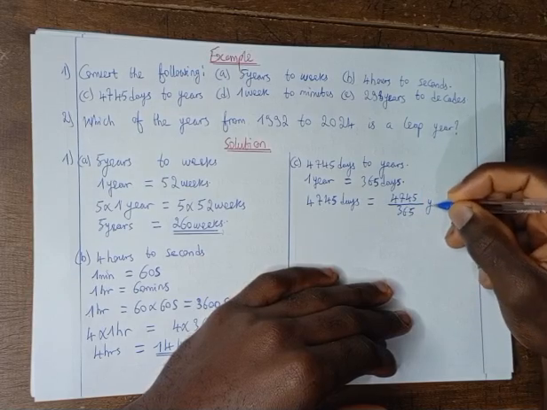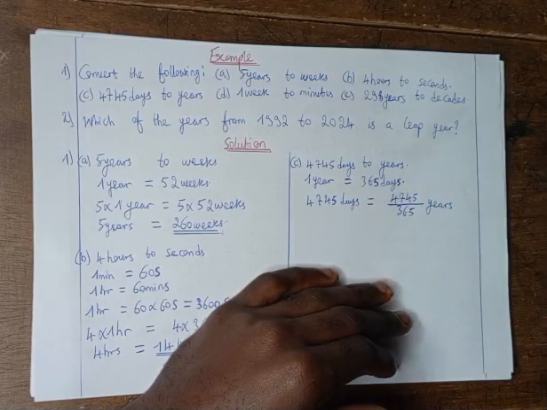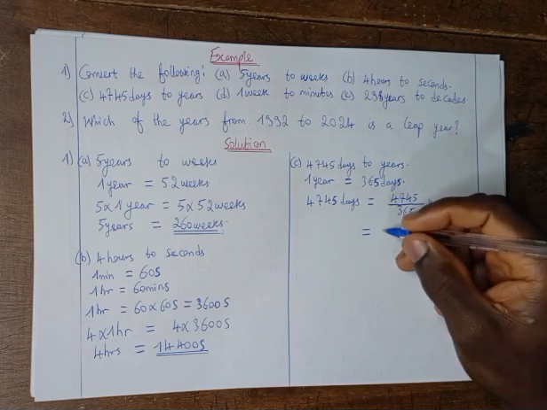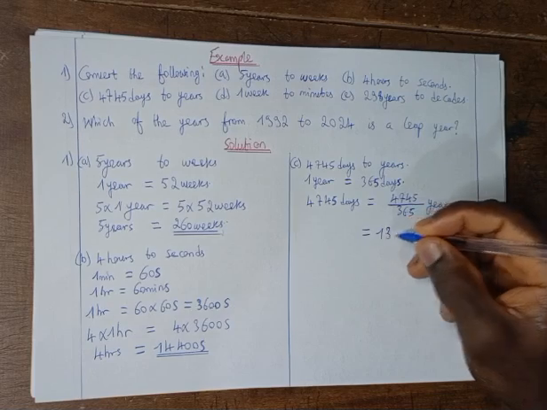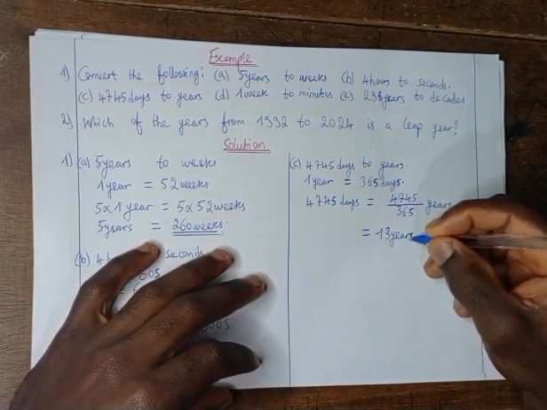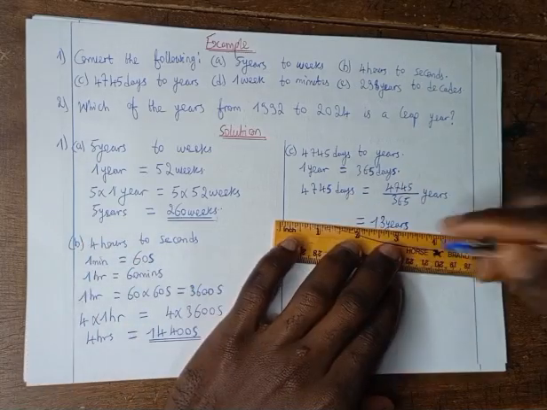Then in this case the unit will be years. So this will simply give us, let's perform the division. 4,745 divided by 365 gives us 13 years. This will be the answer.